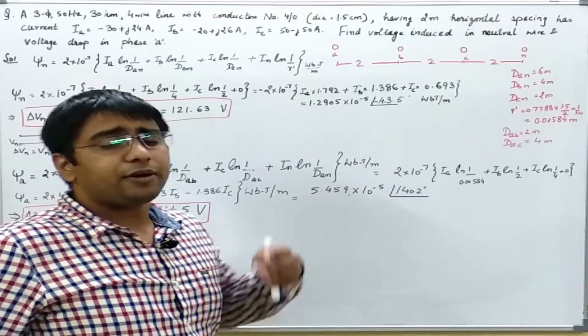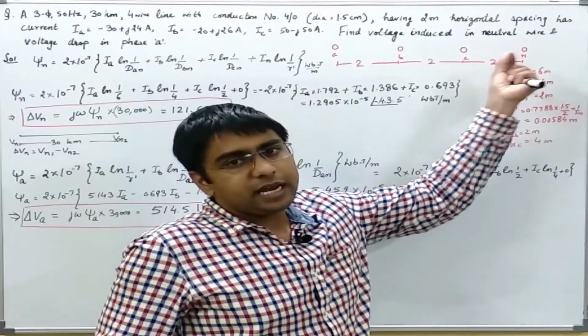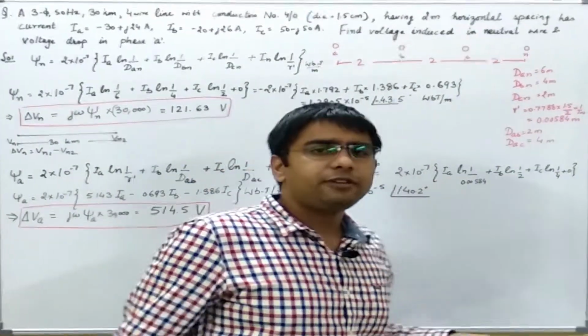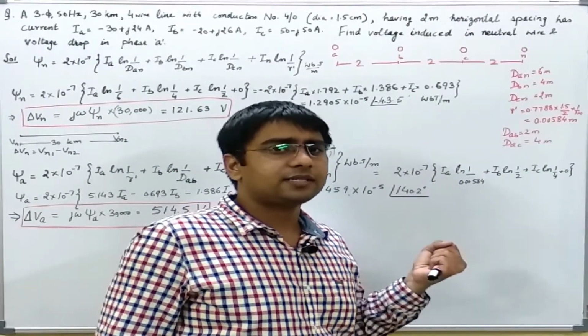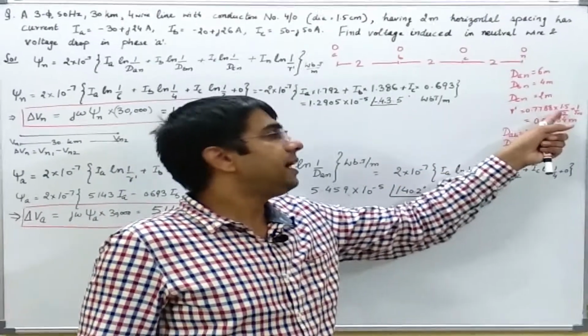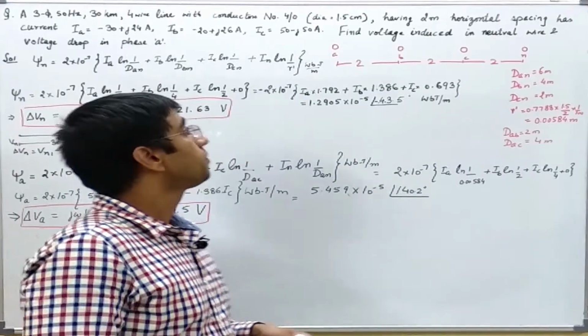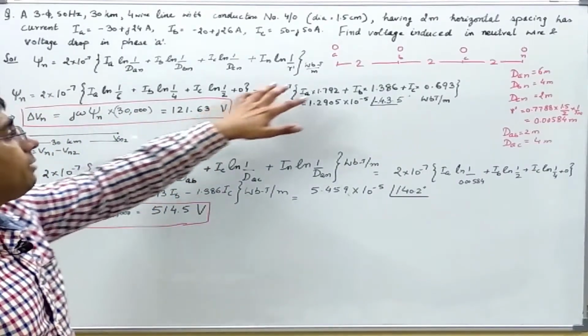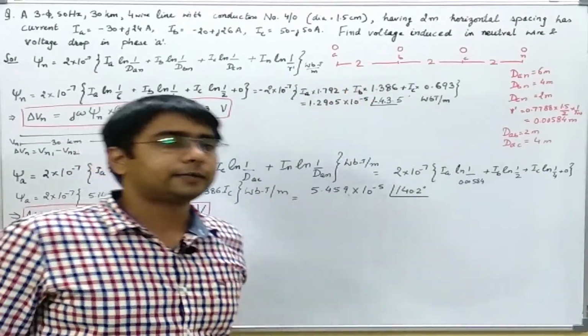As we have already seen in the formula, here the distance will be DAA, that is the self GMD of the wire. And for a solid conductor, the self GMD is just r dash or r prime, that is 0.7788 into r, the radius of the conductor. This will give us the Weber turns per meter of the conductor.